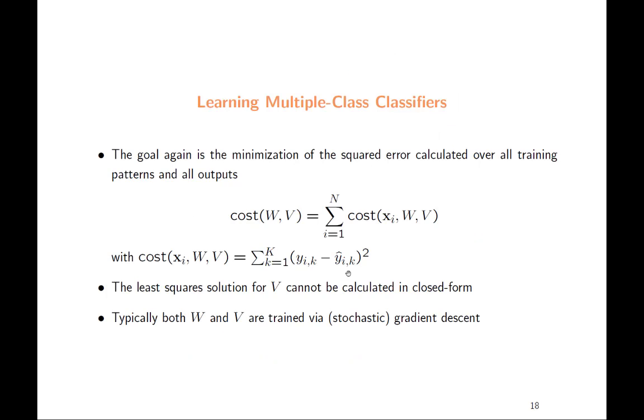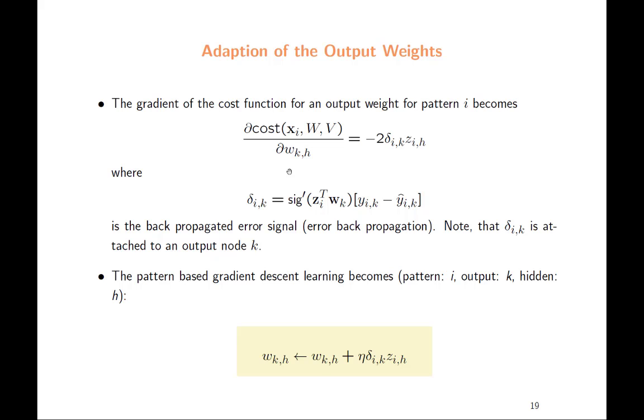Initially people also used the squared error between prediction and target as a cost function. Today they use the softmax cost function or the cross entropy cost function.